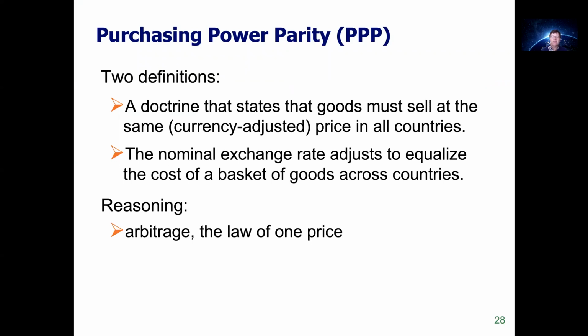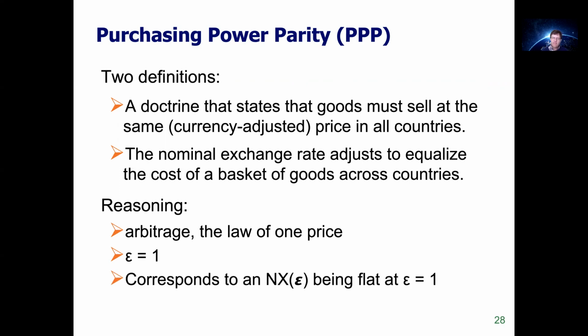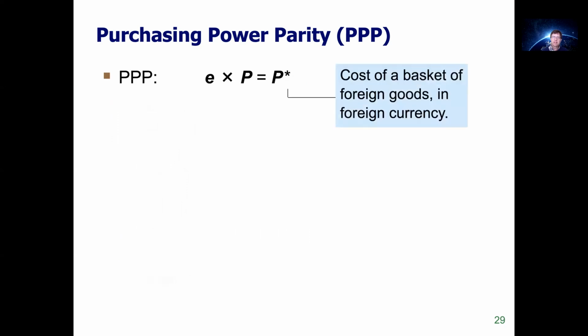This is the law of one price. If it's cheaper in one place than another, people should just go buy it there. And taken literally, that's epsilon equals 1, and the net exports curve being flat at epsilon equals 1. Now that is too extreme. That's not what really happens.